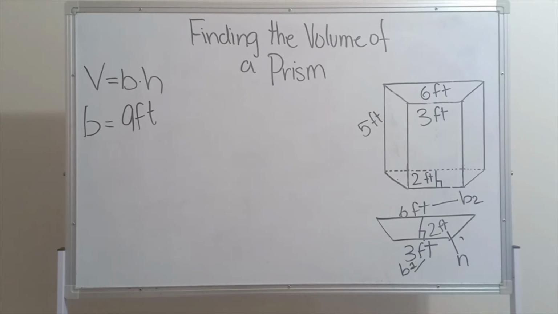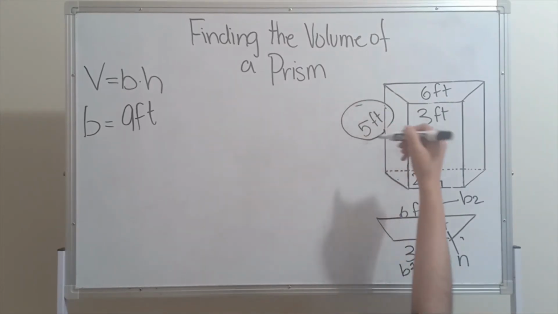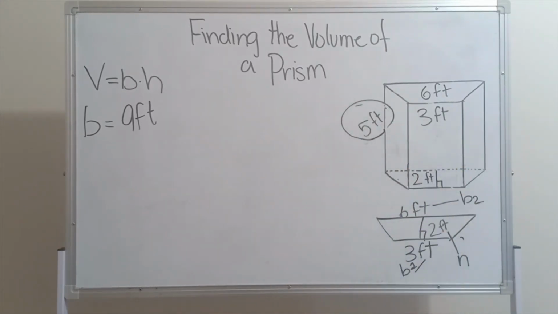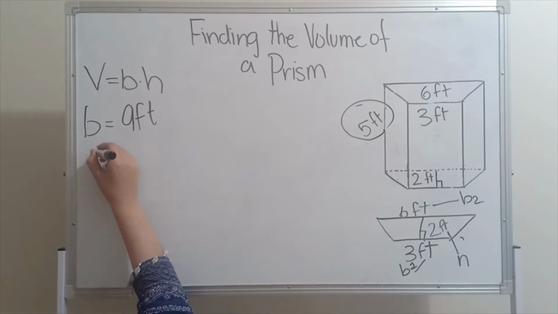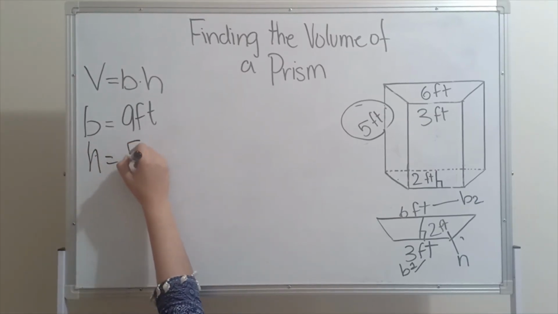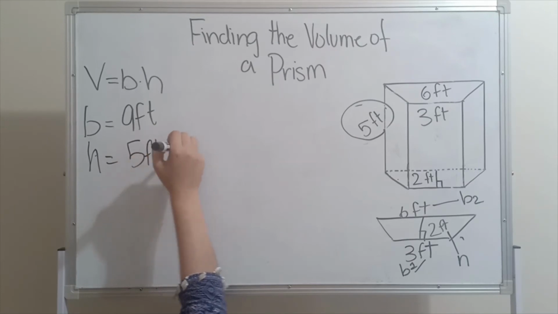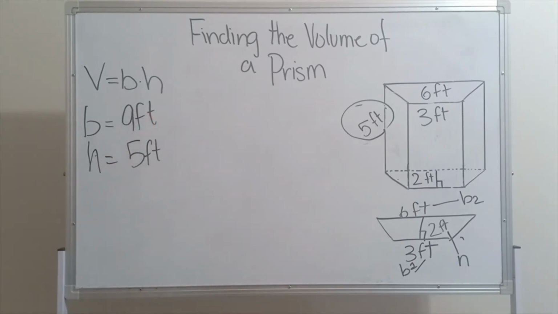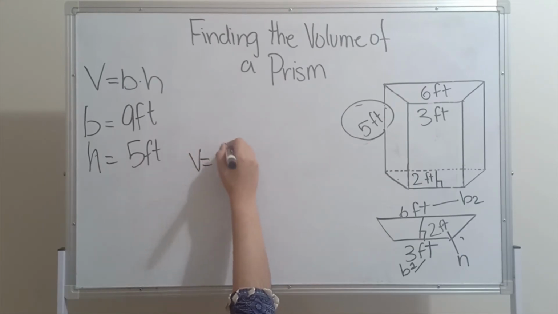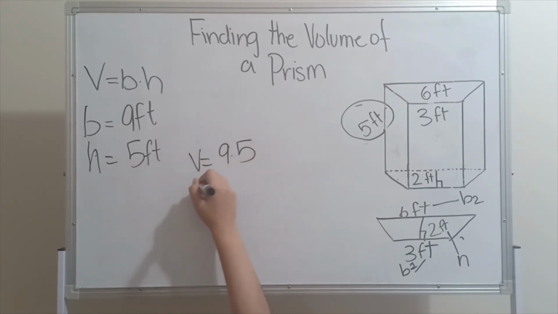And the height is 5 feet. So we can also write that here. Height equals 5 feet. We are given the base, we are given the height, and now we are ready to solve the problem. So volume equals 9 times 5, which will give us 45.